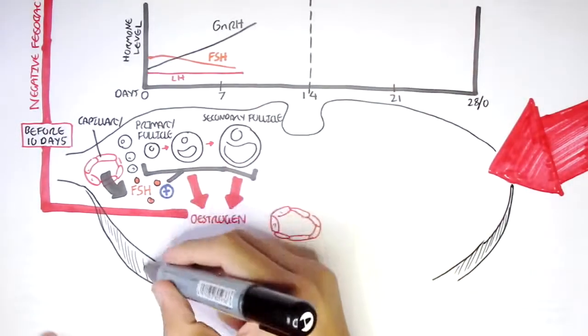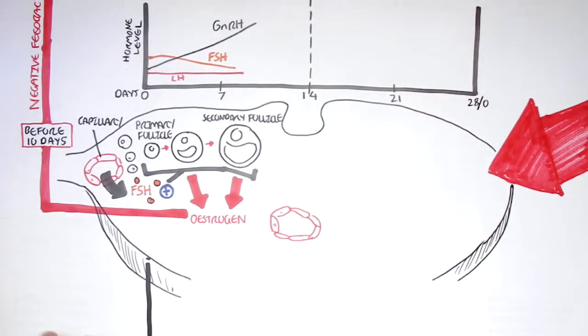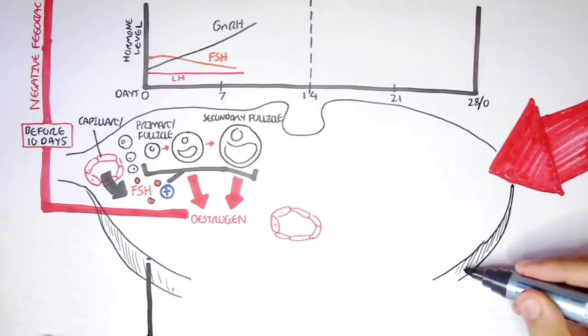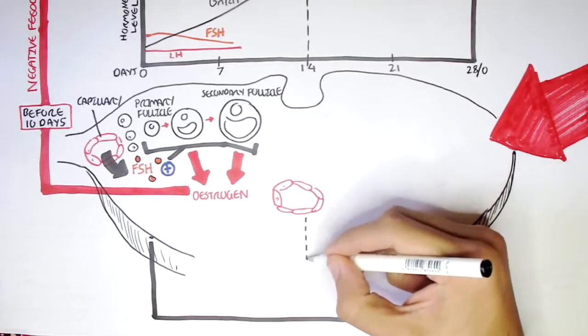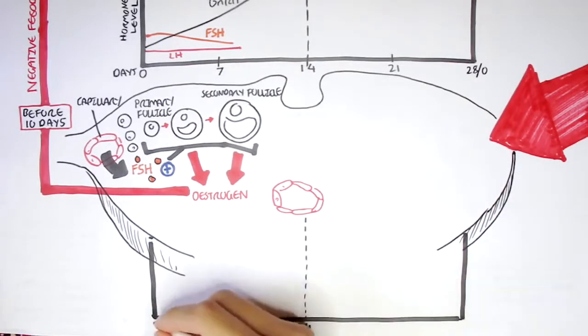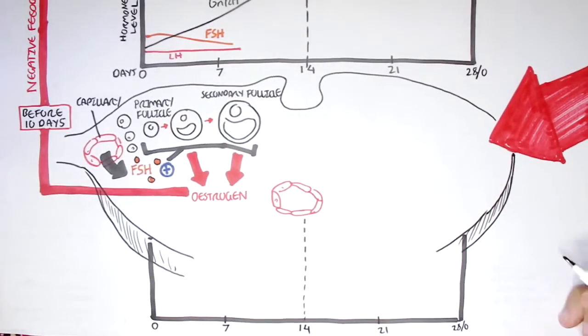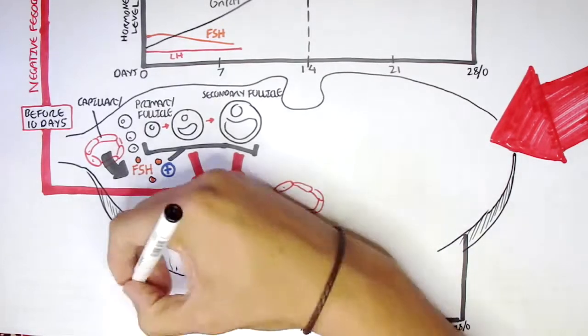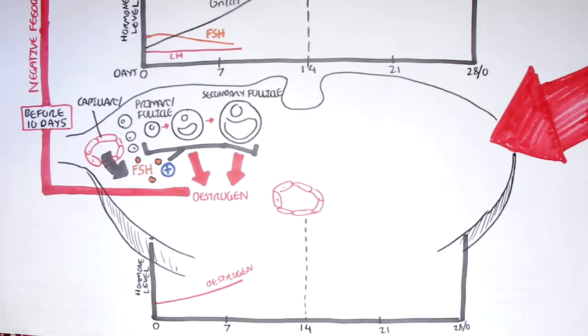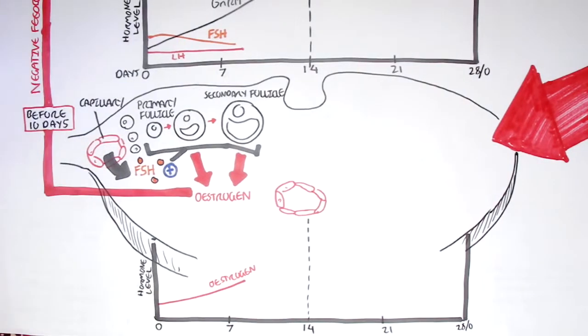So let's draw another graph and see the concentrations of the hormones produced by the ovaries during the menstrual cycle, which goes on for 28 days. As the follicle matures, they will produce more estrogen, which, as I mentioned, at low concentrations, will inhibit the secretion of luteinizing hormone, and also the increase in estrogen concentrations will cause a decrease in follicle stimulating hormone secretion.